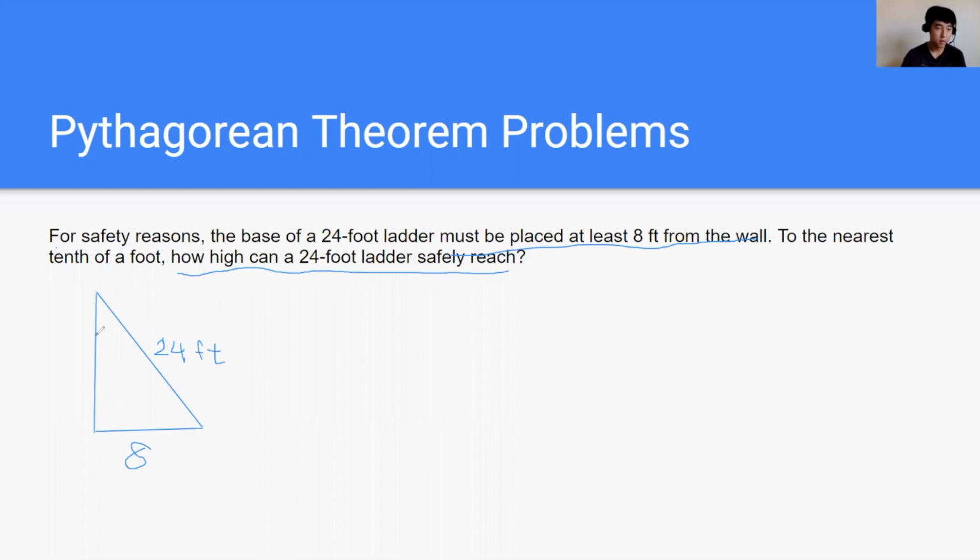So this variable, the height from here to here, is unknown because we have to find it. You can call it X or any letter you want, A, B, C. It doesn't matter. And you have to clarify here, let X equal the height, just to make sure everybody knows what you're doing.